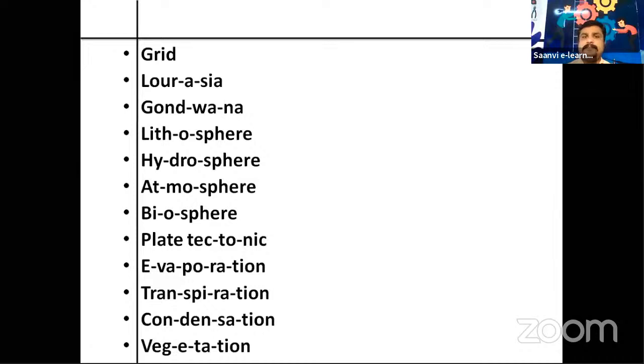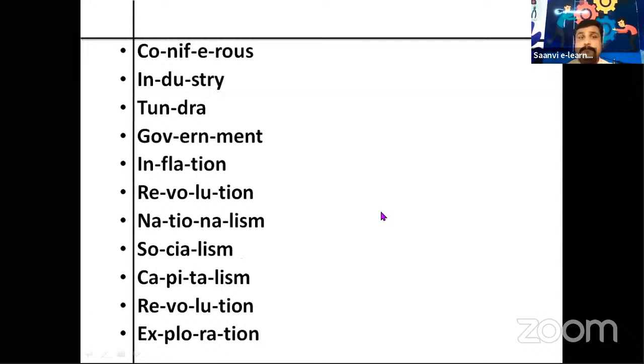Please take a screenshot of this. Next page: coniferous, industry, tundra, government, inflation, revolution, nationalism, socialism, capitalism, revolution, exploration.